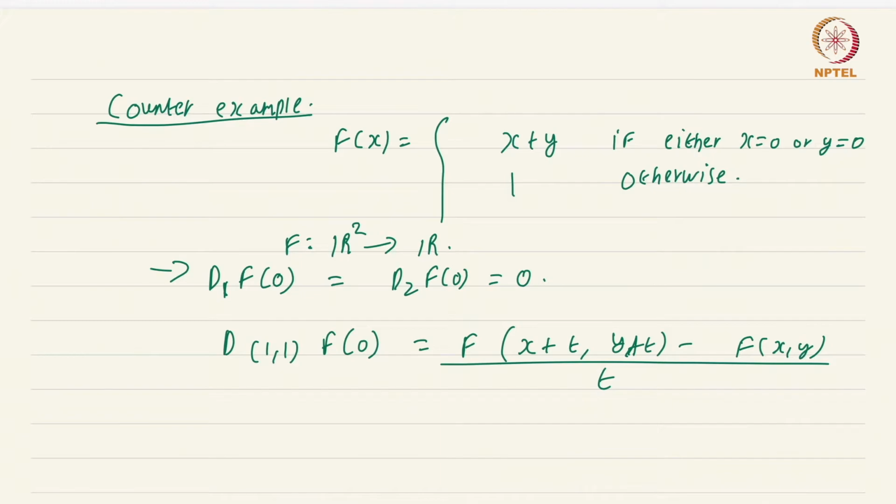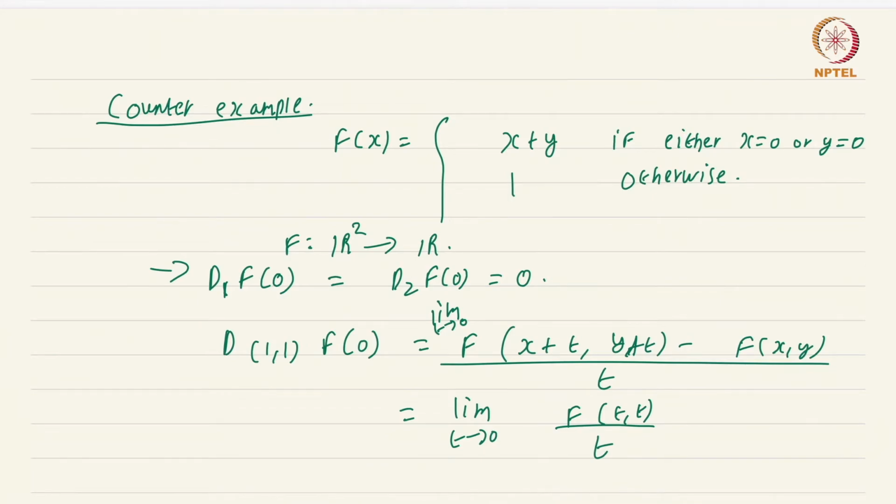Of course the point we have taken is 0, so this is the limit as t goes to 0 of f(t, t) by t, because f(0, 0) is 0.